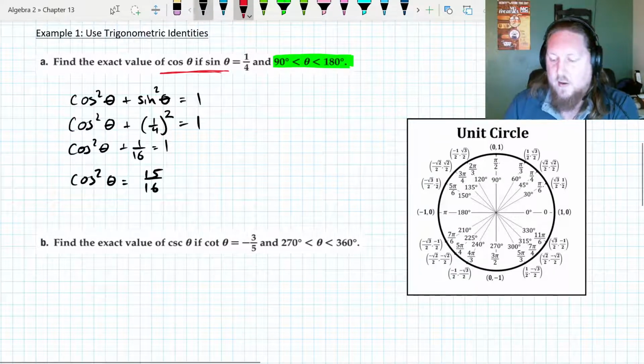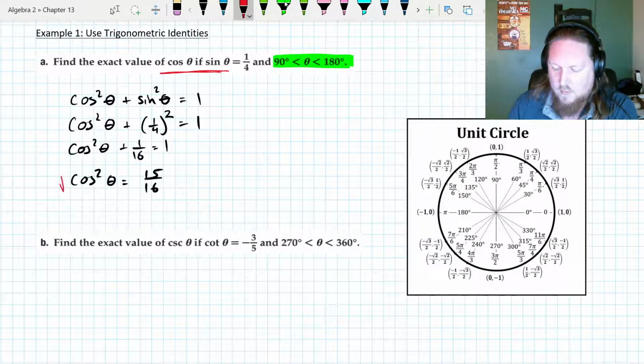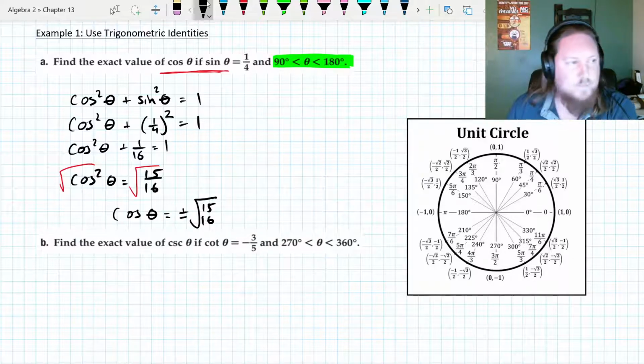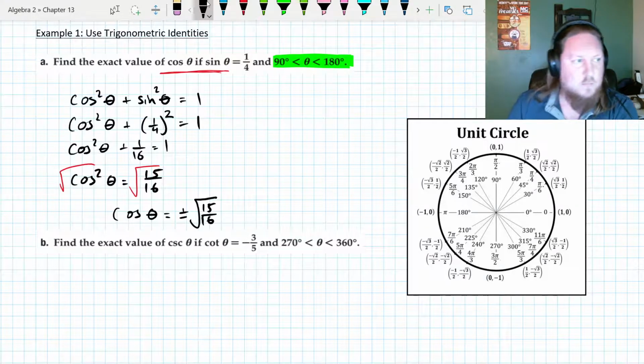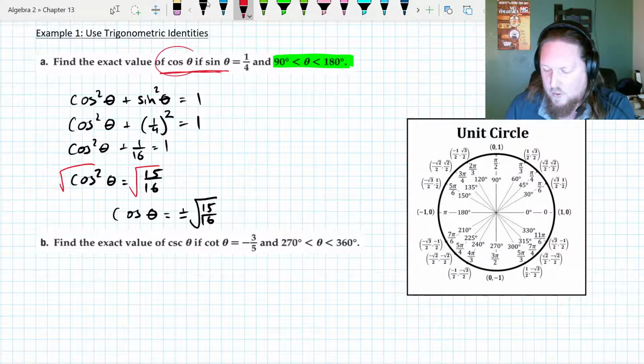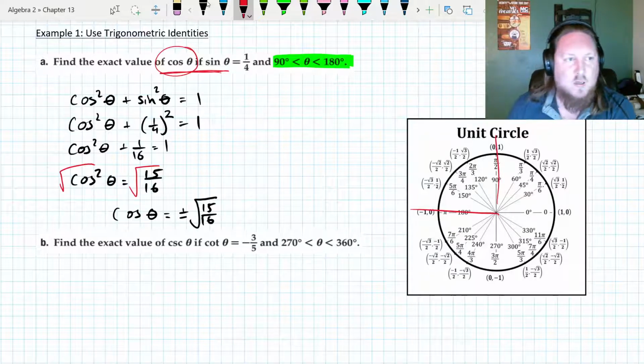And now I just have something squared equals 15 over 16. So I take the square root of both sides, and I get cosine of theta equals the positive or negative square root of 15 over 16. Almost done. At this point, it's pretty handy to think, I want cosine, and I want it to be in the second quadrant, so I have to think about the values of cosine.